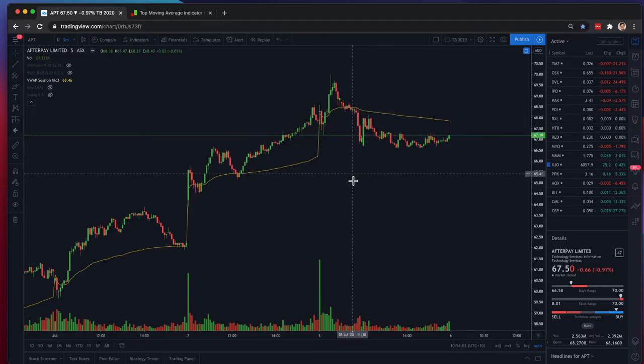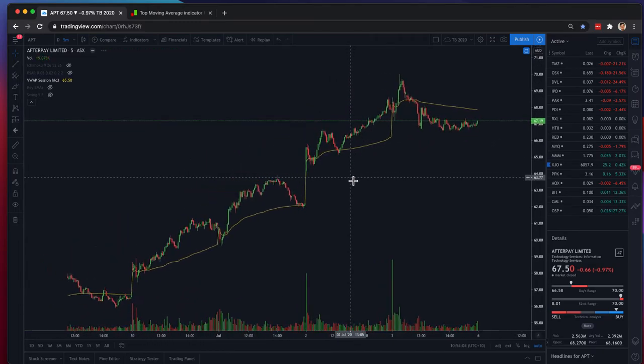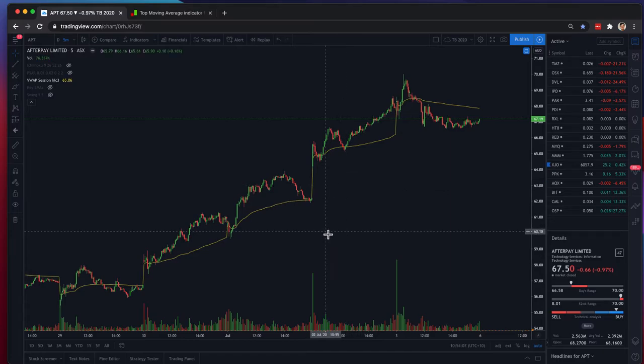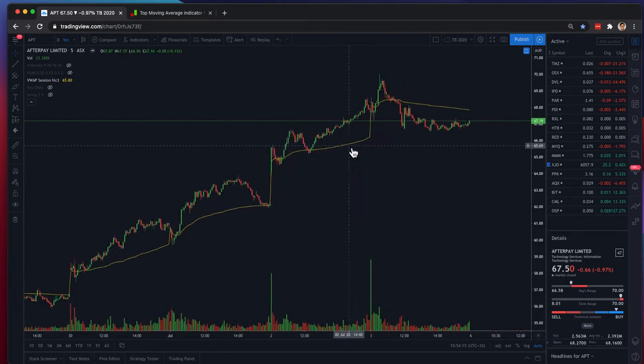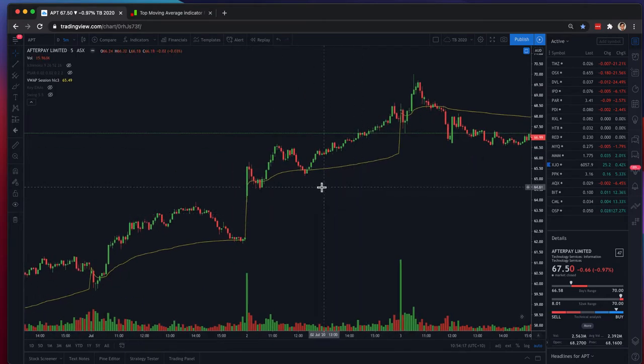And what I would do when I'm trading intraday is look for when the price rises above or when it bounces. Like here is a perfect example.